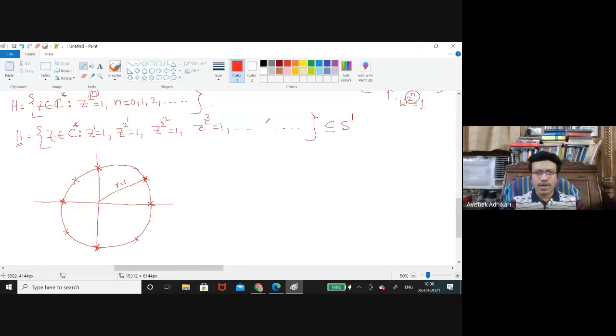But if I go on doing this, Z to the power 2^n equal to 1, then 2 to the power n many points are there, but all the points will be within S1. You cannot go out of S1. So set wise, this H is a subset of S1, no doubt about that.